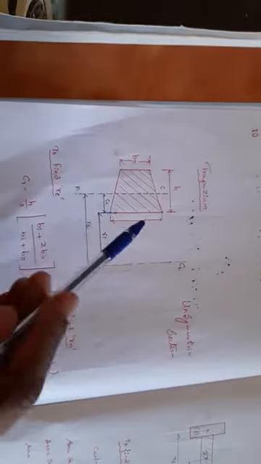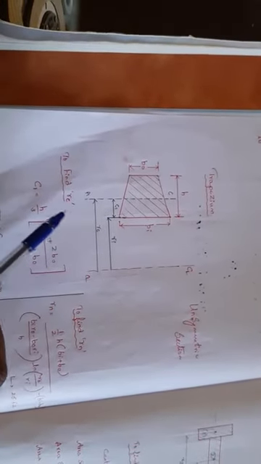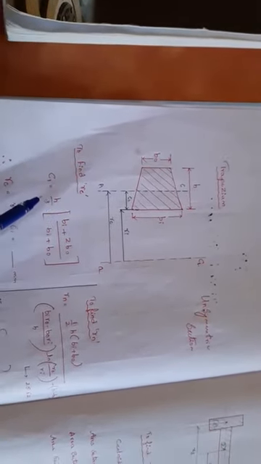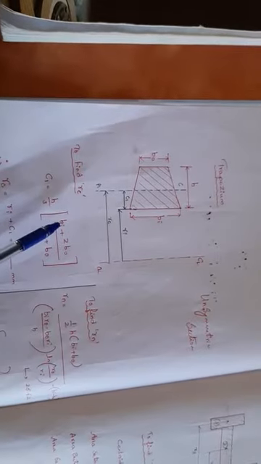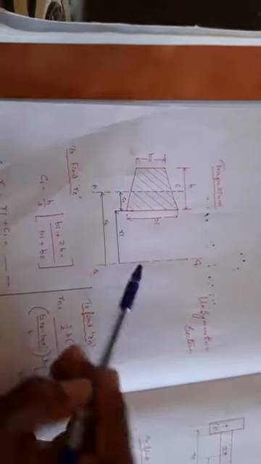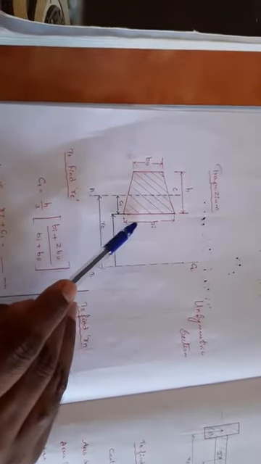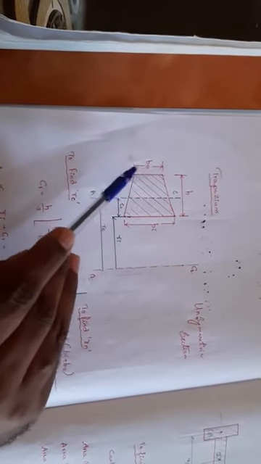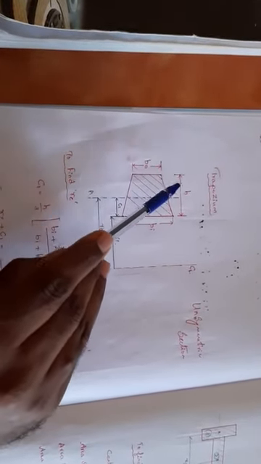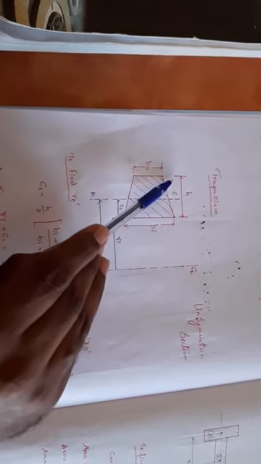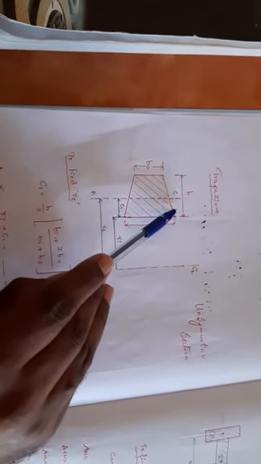But for unsymmetric sections like a trapezium, we have to find RC. To find it, we use the formula C1 equals H by 3 times (Bi plus 2 BO) over (Bi plus BO). Here Bi is the inner side of the trapezium, BO is the outer side, and H is the thickness or depth of the trapezium.